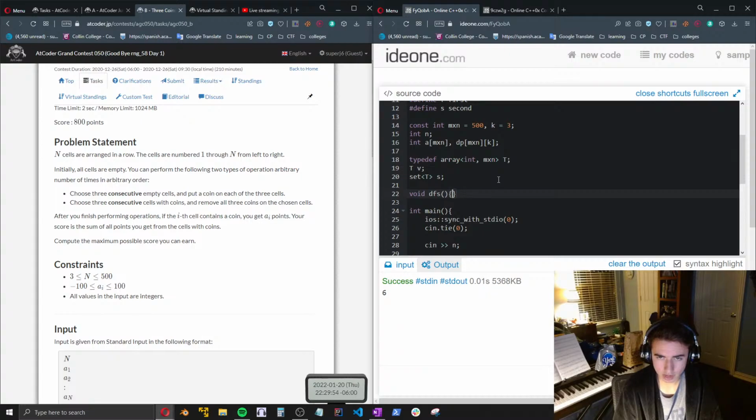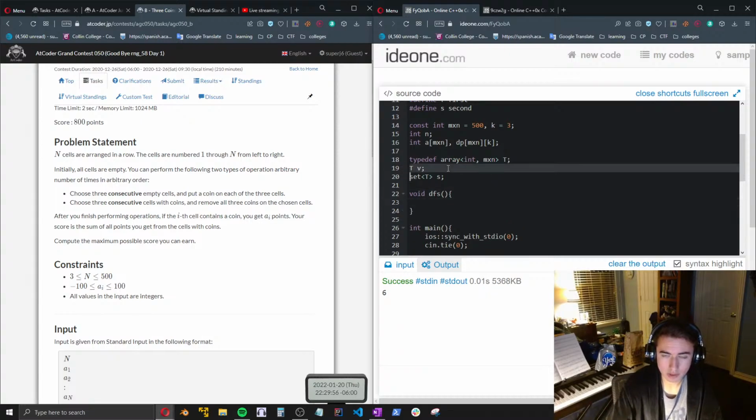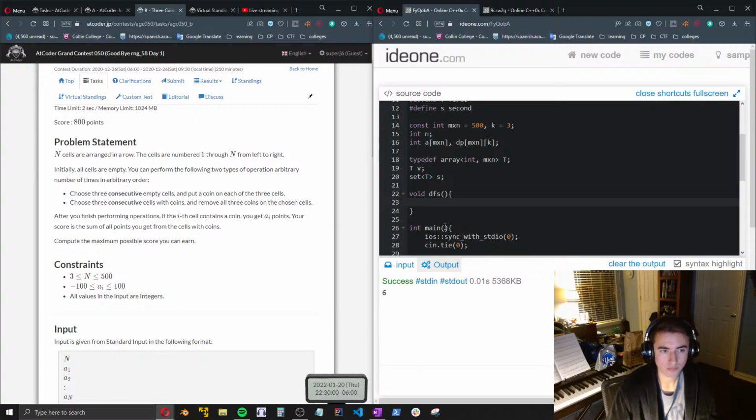So this DFS function is just taking the current value of v and then changing it. If it does not count, return.